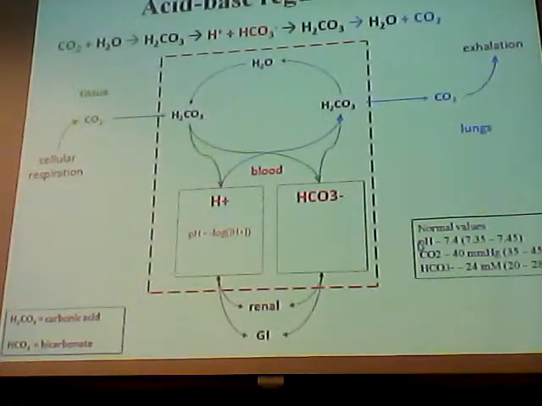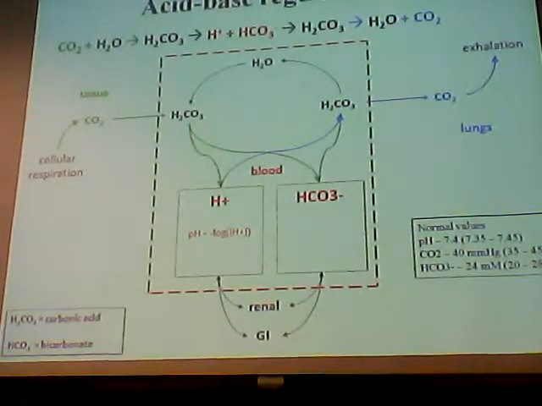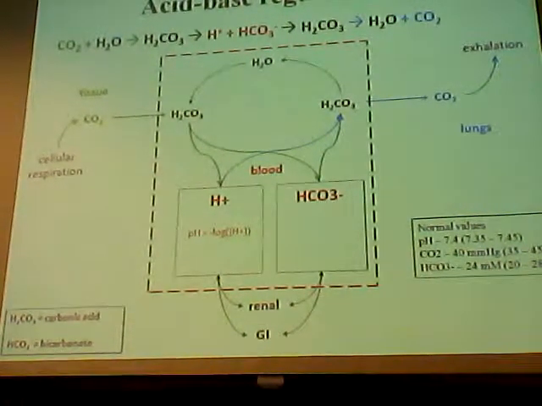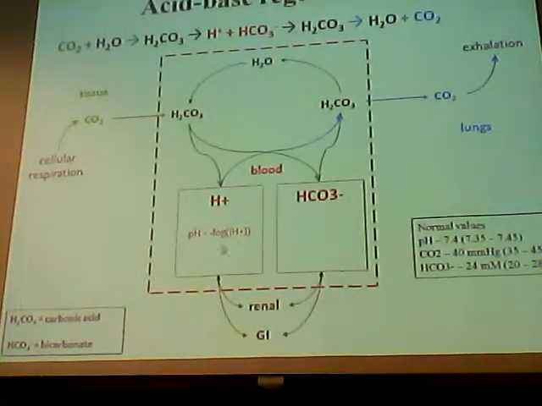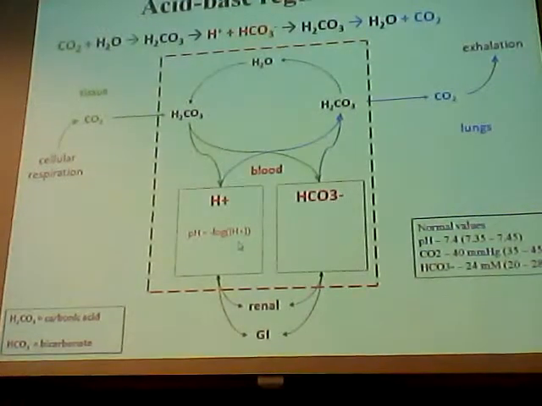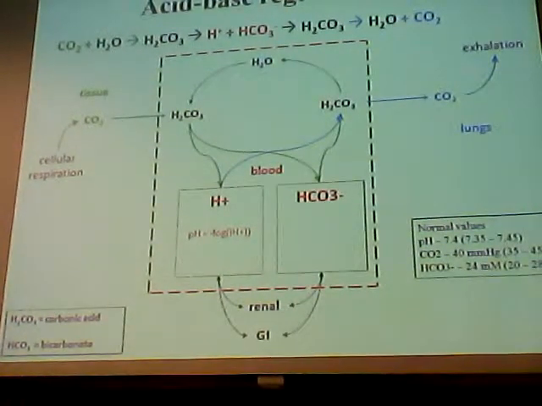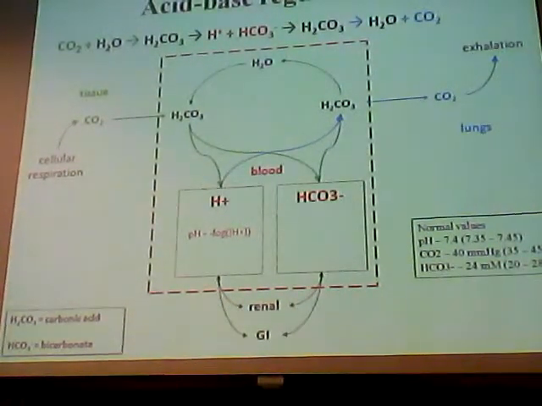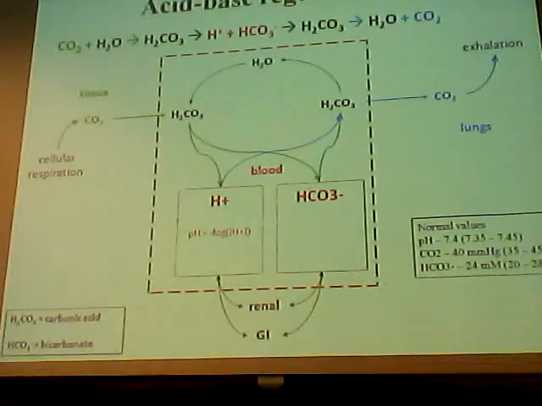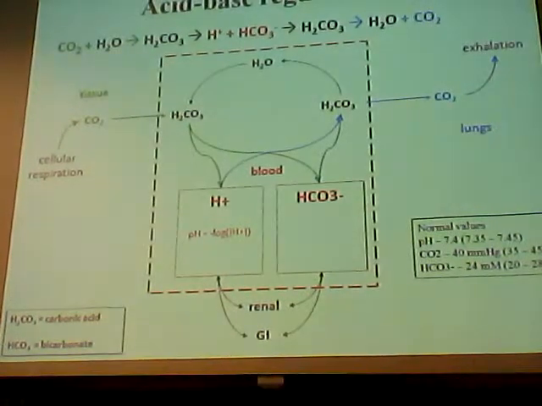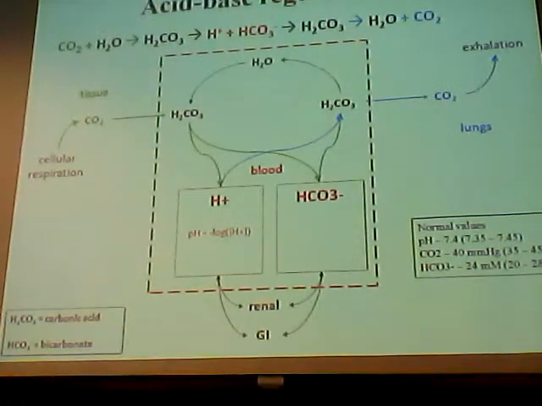Most of the time I worry about the pH and the CO2 concentrations. Remember, pH is the negative log of H+, so the more H+ you have, the lower the pH is. And because it's a logarithmic scale, a change of 1 on the pH scale is a 10 times change in H+ concentration.